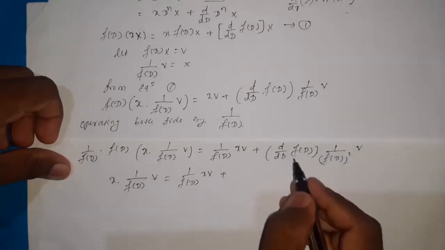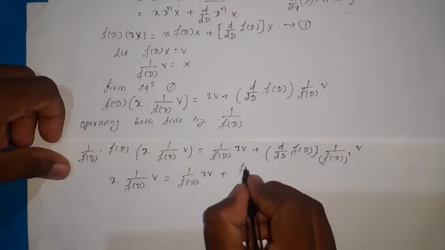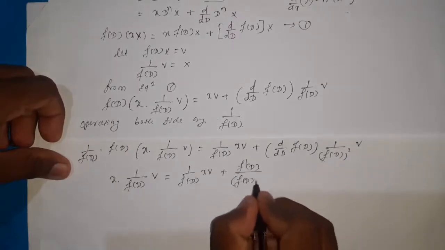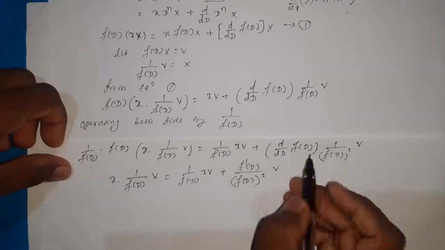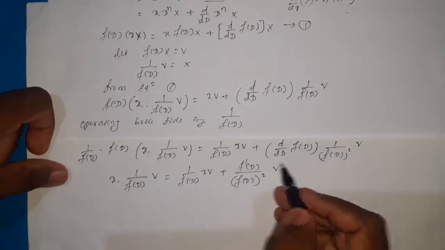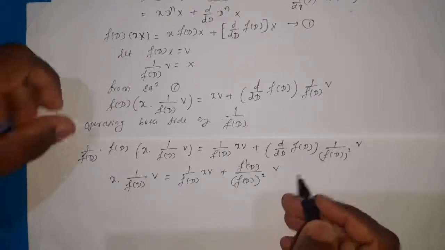here the derivative of f of D can be written as f dash of D divided by f of D whole square into V. We have just replaced d by dD of f of D as f dash of D, with the denominator as it is.